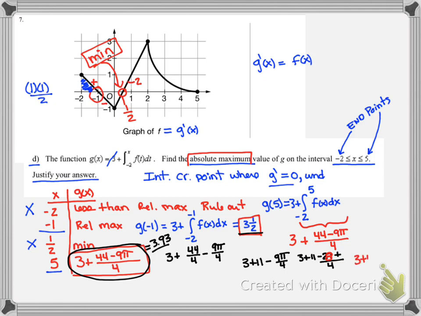So 3 plus 11 minus 7, this is about, right? This is just an approximation. But this is going to be much greater than 3.5. And by the way, this was an error. This would have been 3 plus this 3.936, or 6.93. That's what this turns out to be with the calculator. But we know that this answer of 3 plus 44 minus 9 pi all over 4, that would be our absolute maximum.